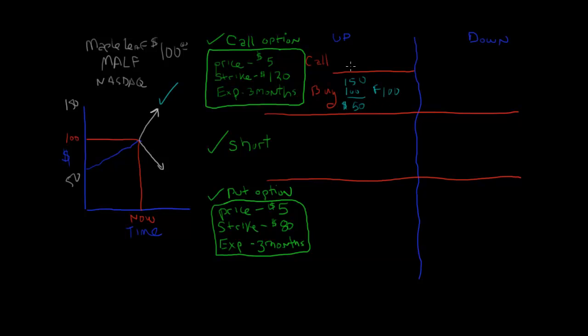Now let's look at the call option. Over here I've got the call option. The price of the call option is $5. The strike price is $120, and again there's the exercise, 3 months. And let's say it does go up to $150, as we previously mentioned. Now I have the right to purchase the asset for $120.